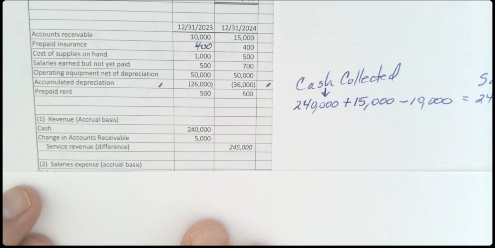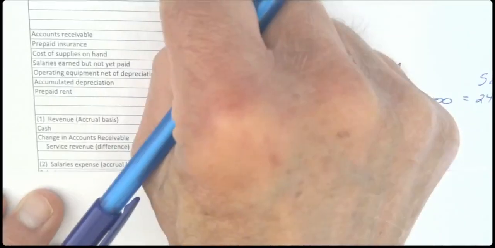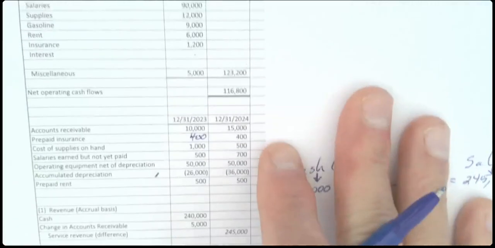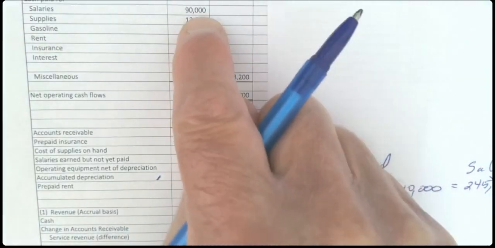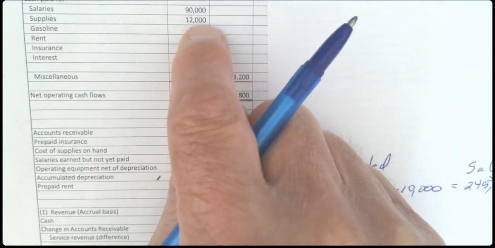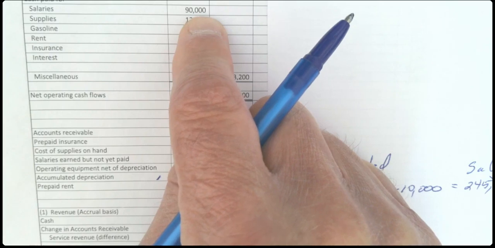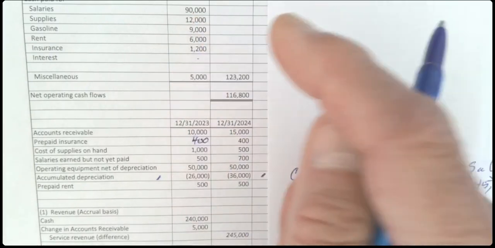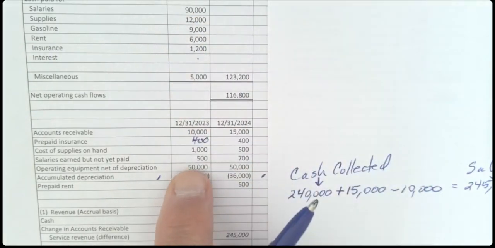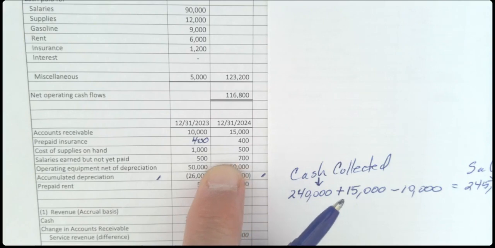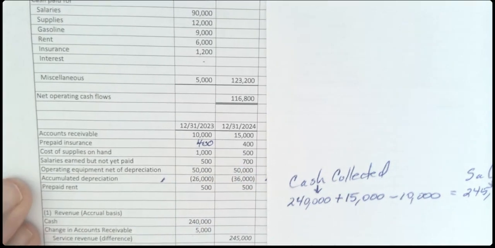Salaries expense. Well, the cash paid for salaries was $90,000. So we'll be crediting cash for $90,000. The change in salaries payable was plus $200, and that's a credit.